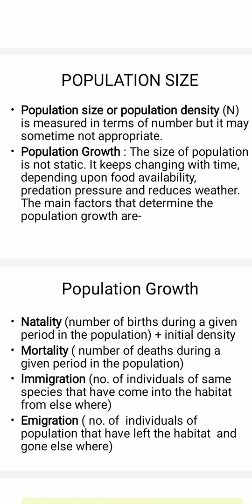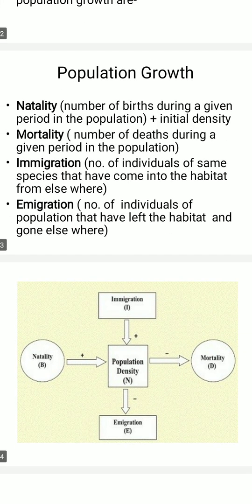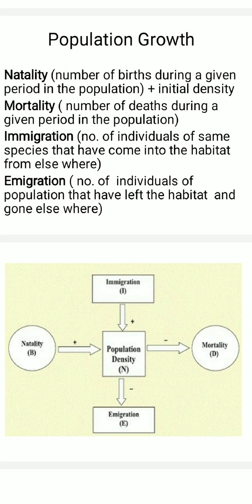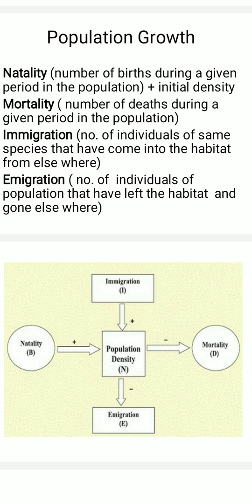This is diagrammatically represented here in this form. You can have a clear picture, very easy to understand also. Population density, that is the number of individuals of a particular species in a given area in a given time, based on the source of food available and all those factors.